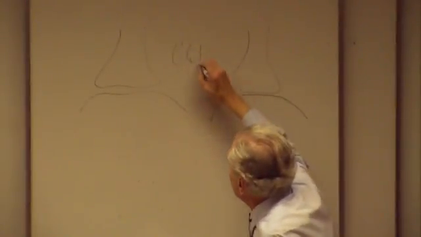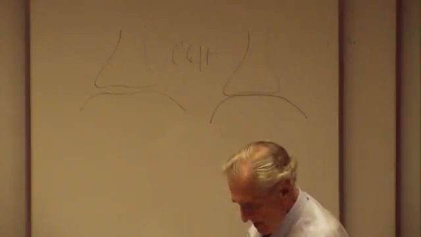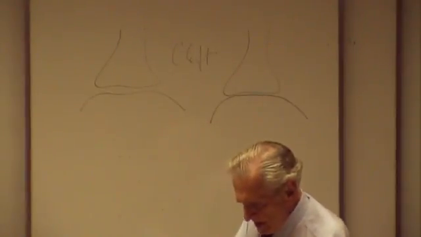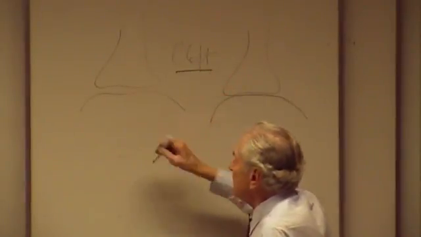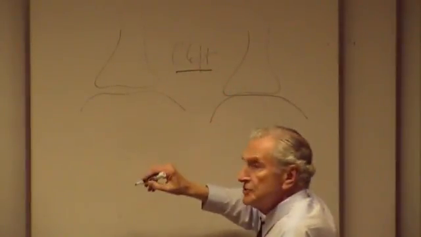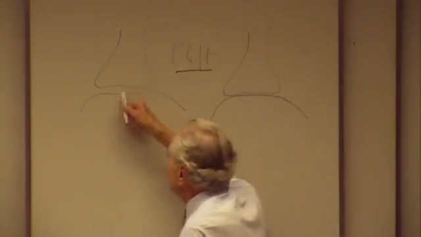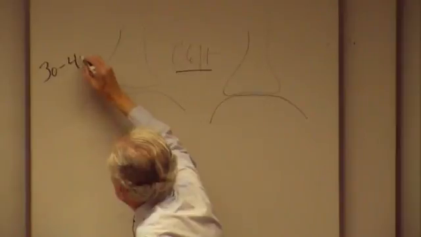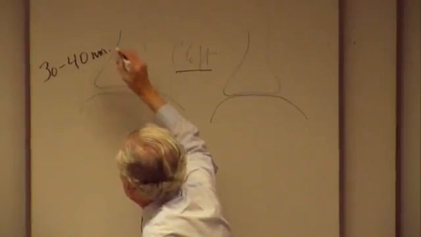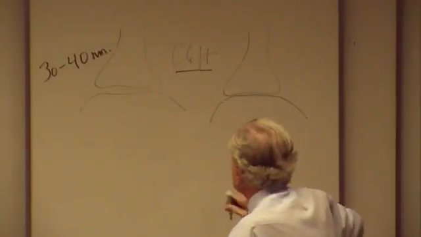Now, in the synaptic cleft of the typical chemogenic synapse, the cleft itself is usually 30 to 40 nanometers wide.